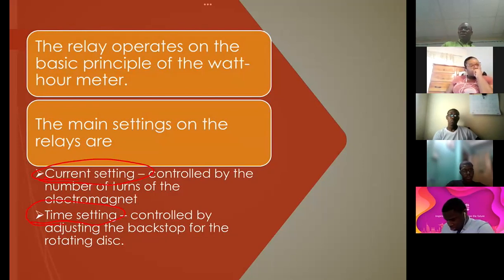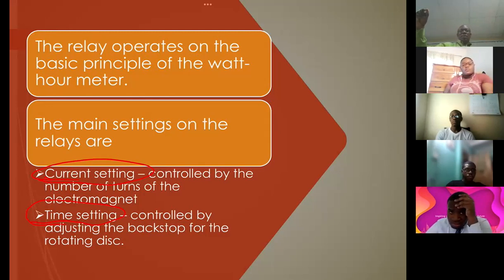That's all we have done so far. What we are going to do this afternoon is to take it one step further. Rather than me saying the time setting is 0.5 or 1 or 2, we're going to go through an exercise to see how exactly we determine those values, which time setting we are going to put it on. We're good so far?